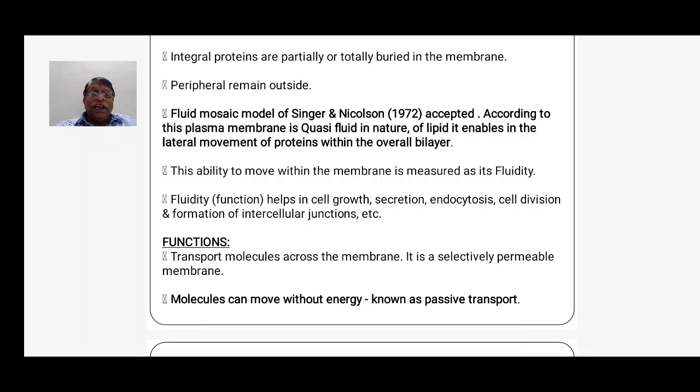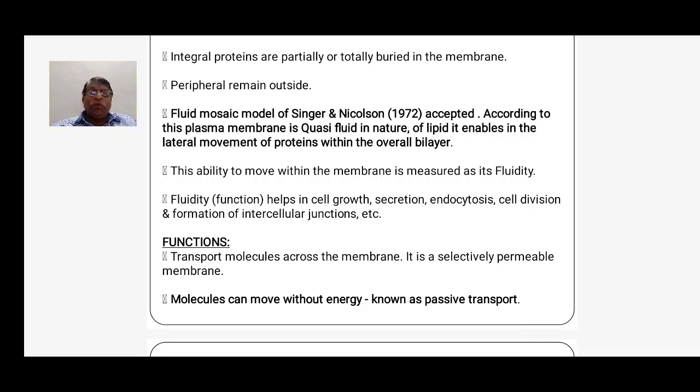It was in the year 1972 that a model was proposed, now popularly called the fluid mosaic model.